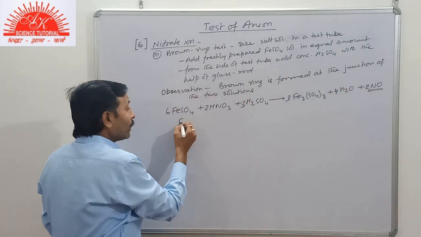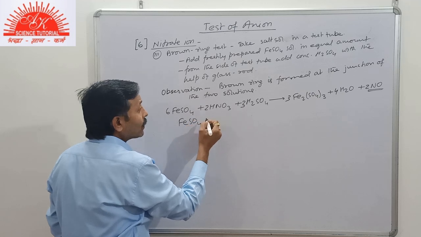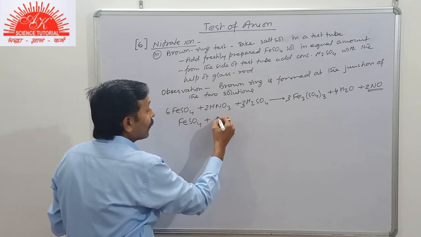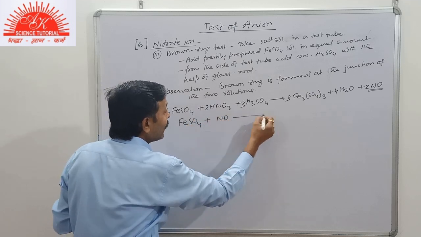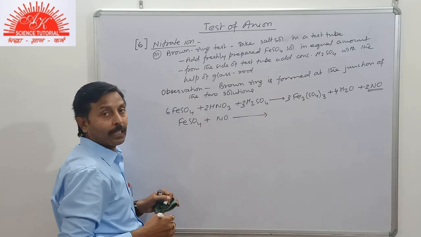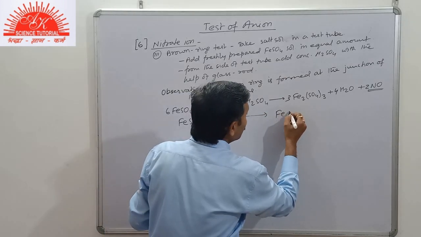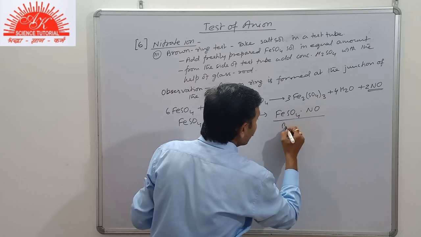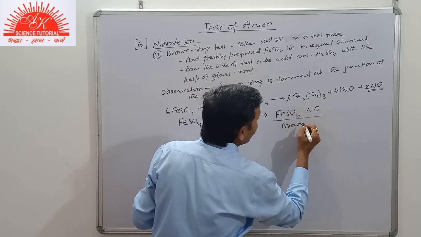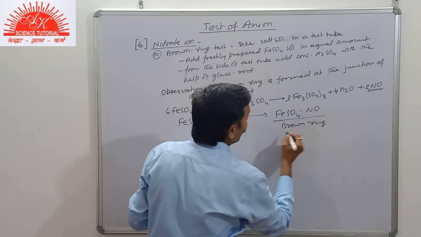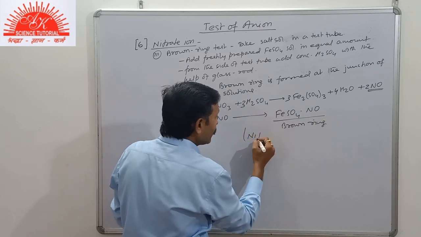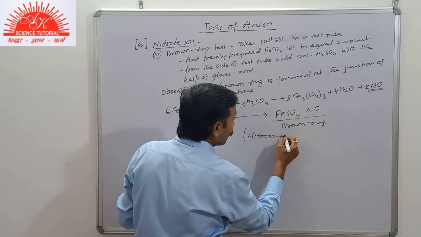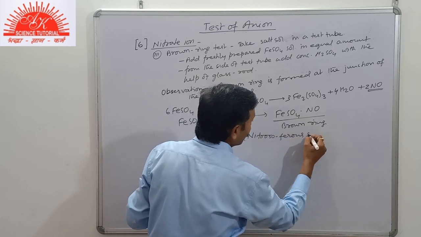Now this NO gas, which is a colorless gas, gets added to freshly prepared ferrous sulfate, and then it gives FeSO4.NO. This is the compound present in the brown ring. The name of the compound is nitrosoferrous sulfate.